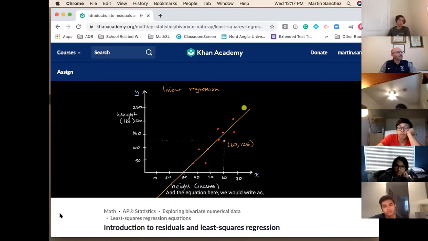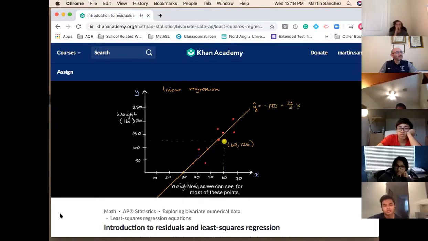And the equation here, we would write y with a little hat over it. And that means that we're trying to estimate a y for a given x. It's not always going to be the actual y for a given x, because as we see, sometimes the points aren't sitting on the line. But we say y hat is equal to, and our y-intercept for this particular regression line is negative 140 plus the slope 14/3 times x.